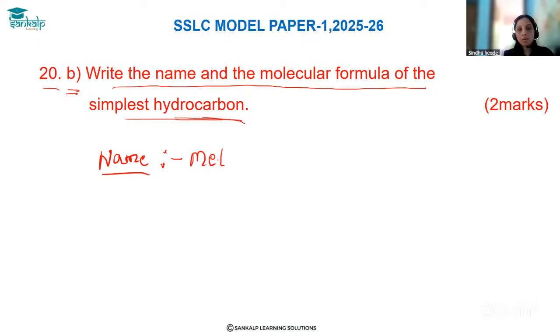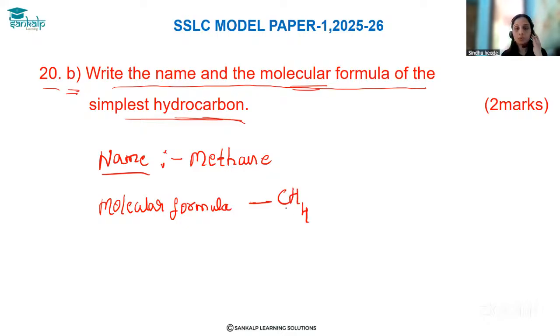This is an example of the simplest hydrocarbon, and write the molecular formula also, right? Methane, the molecular formula of methane is CH4. CH4 means one carbon and four hydrogen atoms.